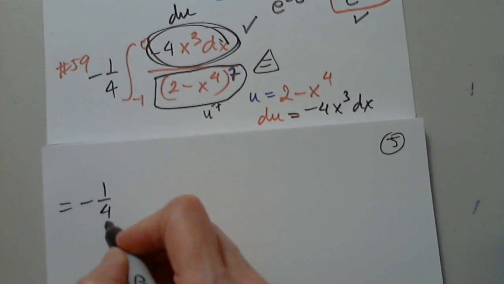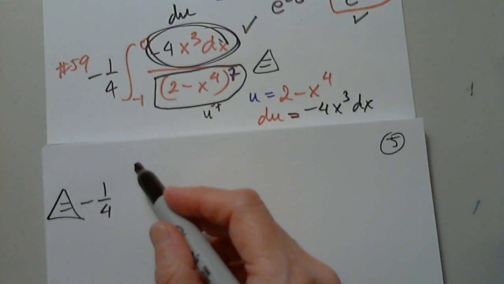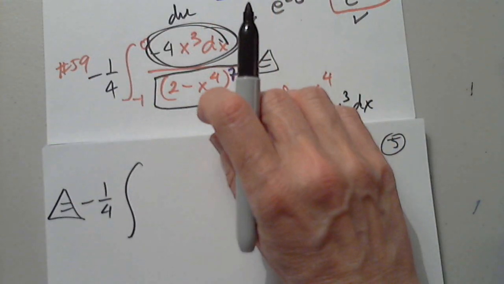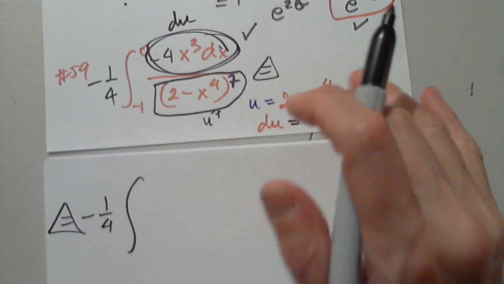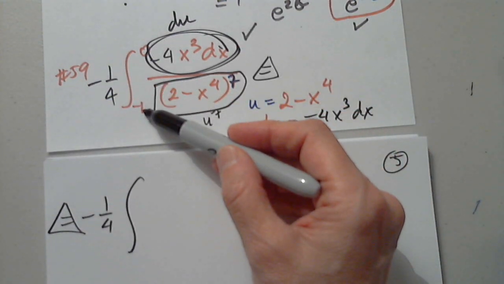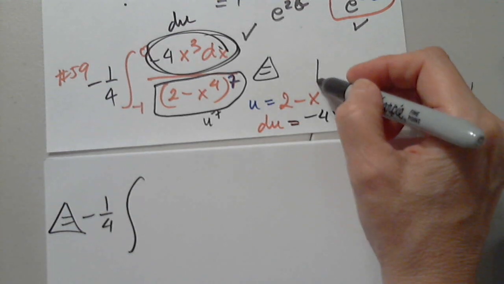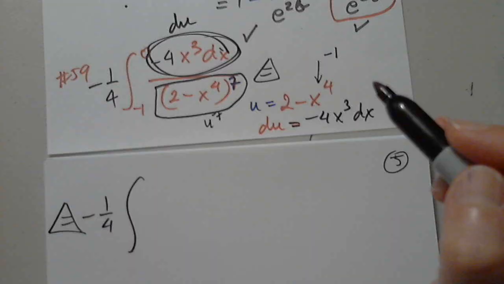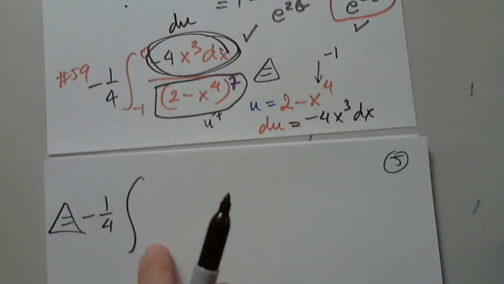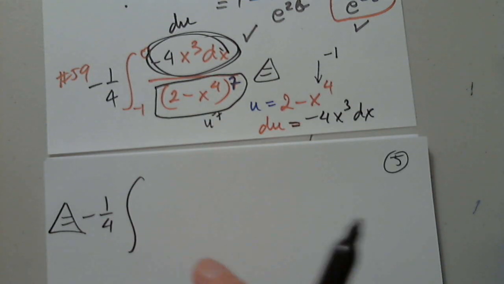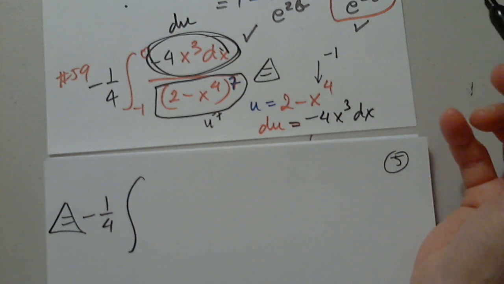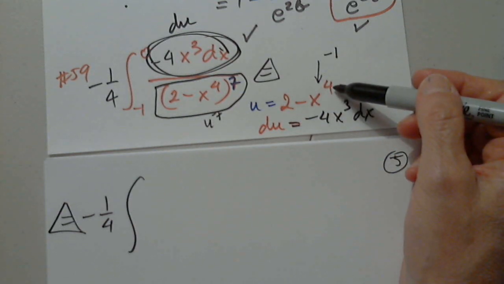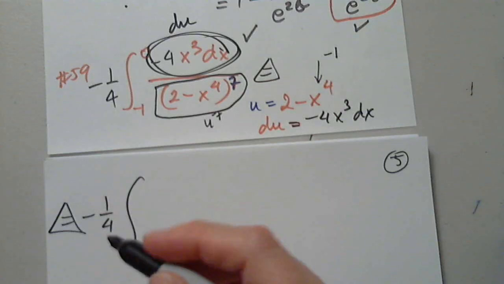So -1/4 times the integral. Stop, because we need to determine the new limits of integration. When the lower limit for x is -1, when this is replaced by -1, the calculation will give us the lower limit for u. -1 to the 4th is 1 because the power is even. 2 minus 1 is 1.